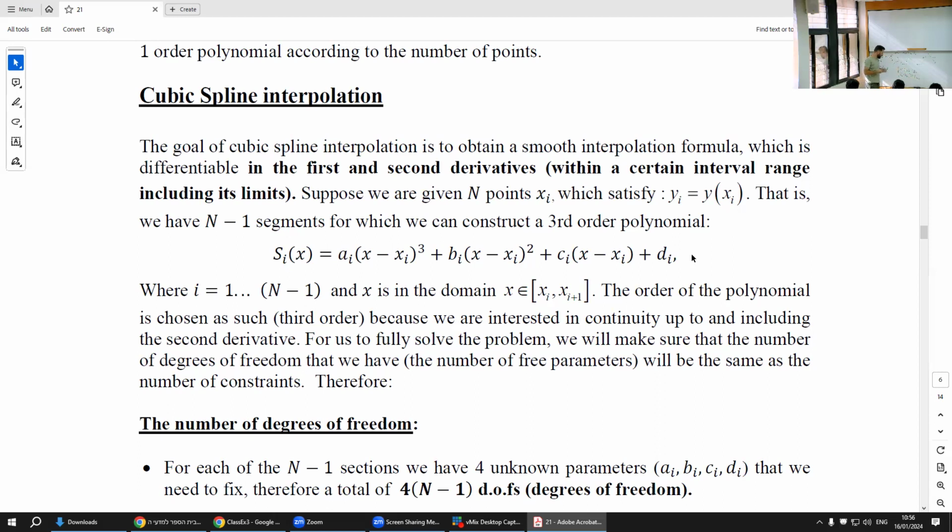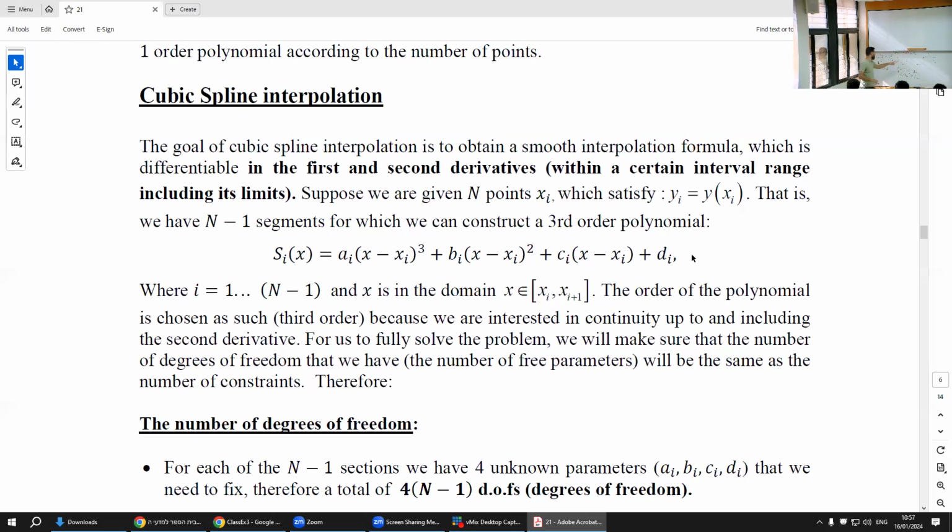So how many parameters do we have in this interpolating function? This is a smooth piecewise interpolating function. In each segment it is smooth, but when we move from one segment to another at a data point, some derivative of the total function will not be continuous.